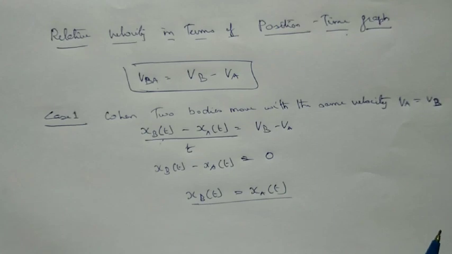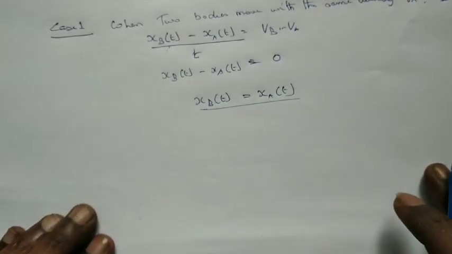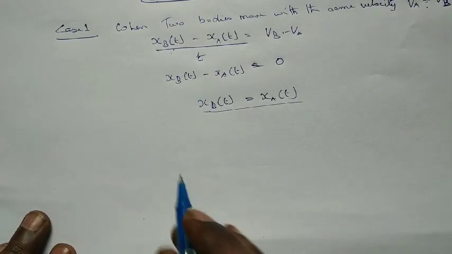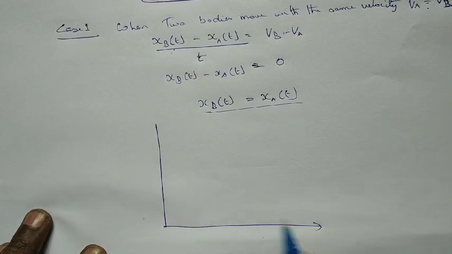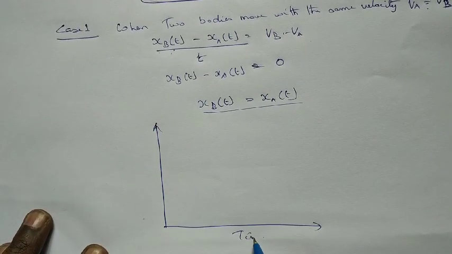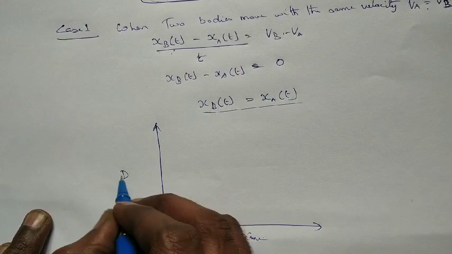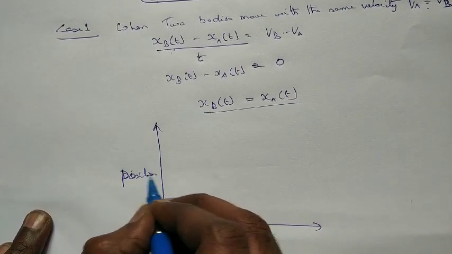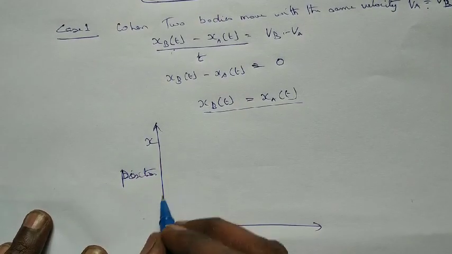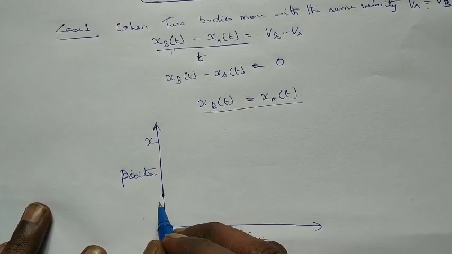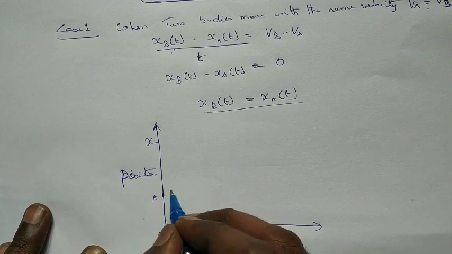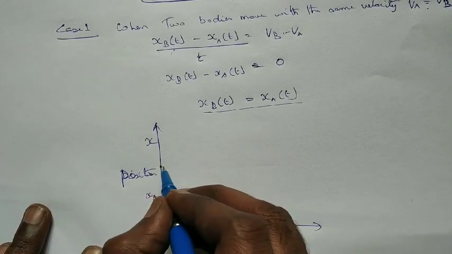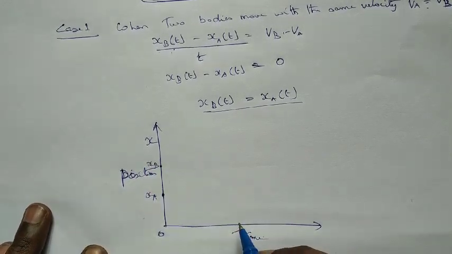So that could be the final way in which we could look at it, because the relative velocity is going to be equal to 0 here. How could it be represented in terms of a graph? If you wanted to draw the position time graph, this is time, origin, and this is going to be the position, called X. This could be the position of A, XA, and this could be the position of B, XB.